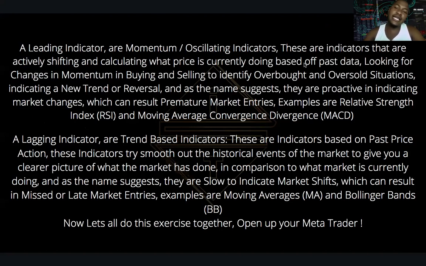These are the indicators that are actively shifting and calculating what price is currently doing based off past data, looking for changes in momentum in buying and selling to identify overbought and oversold situations, indicating a new trend or reversal. And as the name suggests, they are proactive in indicating market changes, which can result in premature entries.